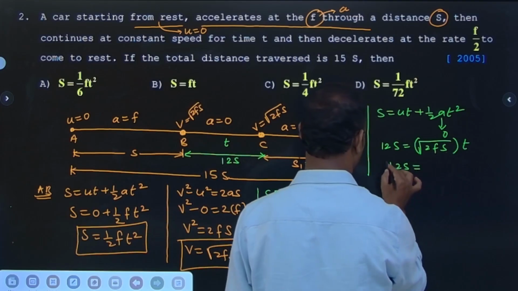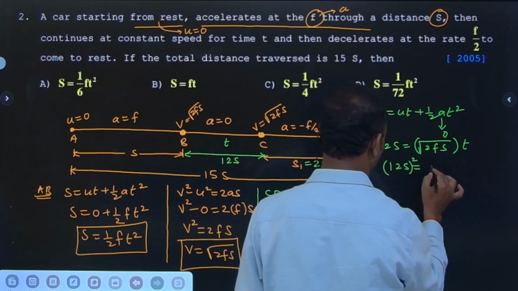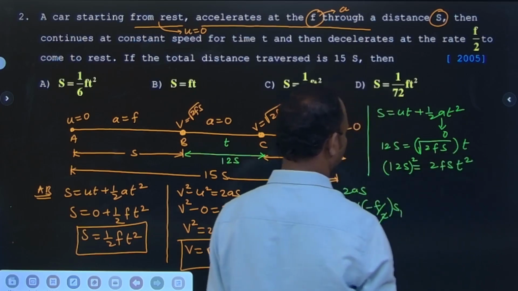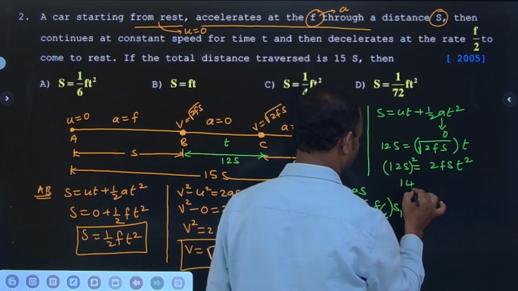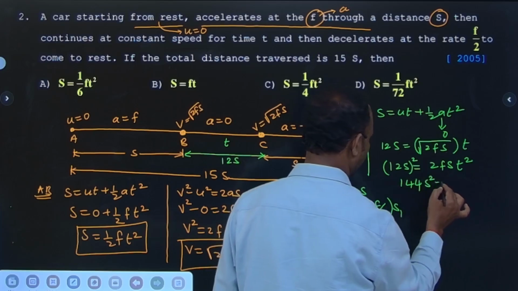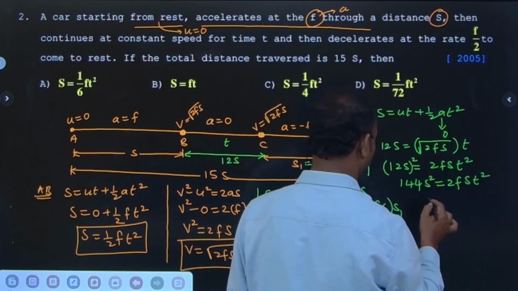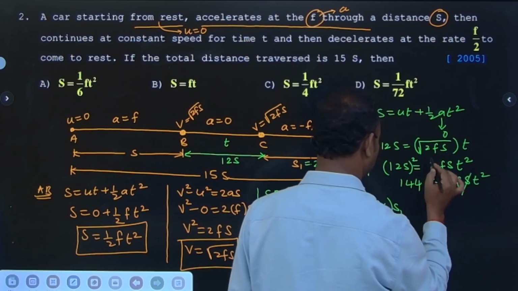So 12s whole square is equal to 2fs t square. So 144 s square is equal to 2fs t square. Okay, so s and s cancel.